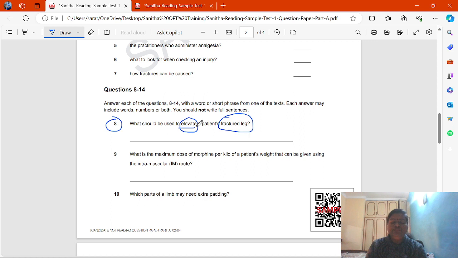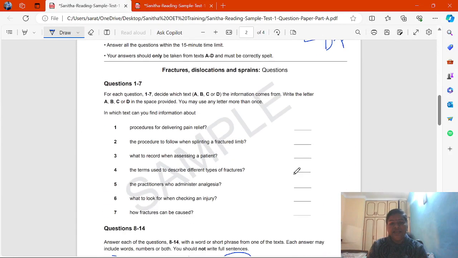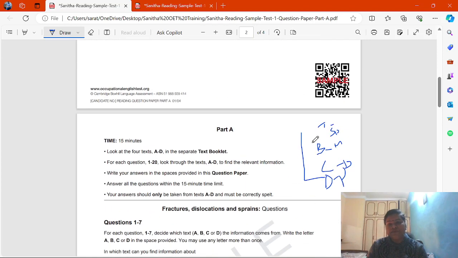What should be used to elevate a patient's fractured leg? Here the keywords are elevate and fracture leg. So where do you have to go? Here we have written something. A is fracture, dislocation, sprain. B is management and assessment. C is drug therapy. D is taking the plaster backside. Then where will we go?